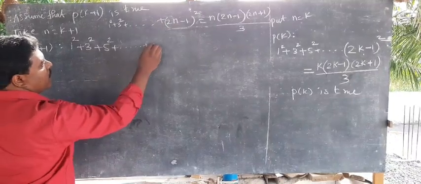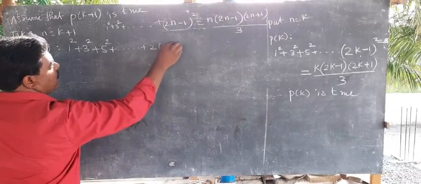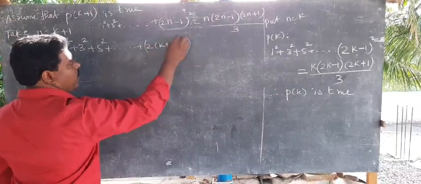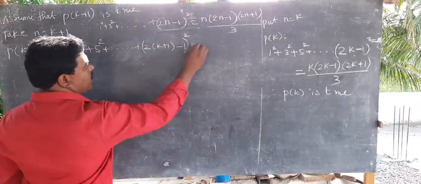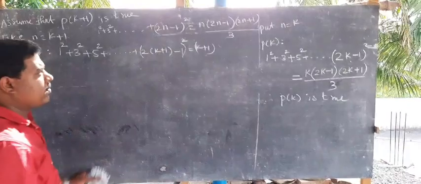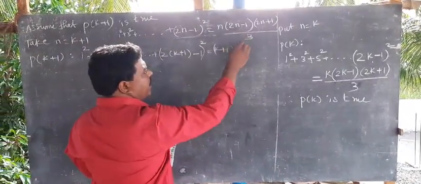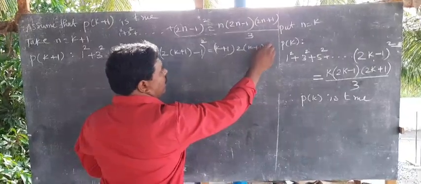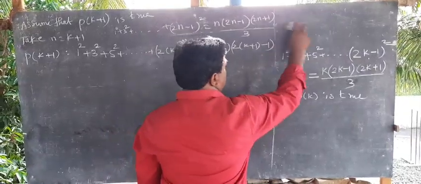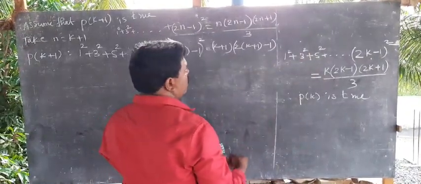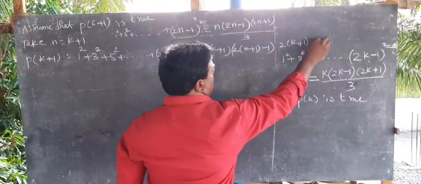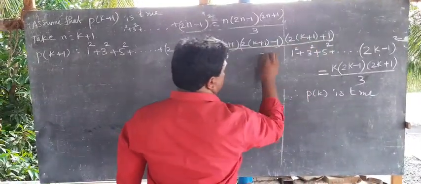So here 2 into k plus 1 minus 1, whole square, equal to k plus 1, 2 into k plus 1 minus 1, 2 into k plus 1 plus 1 by 3.